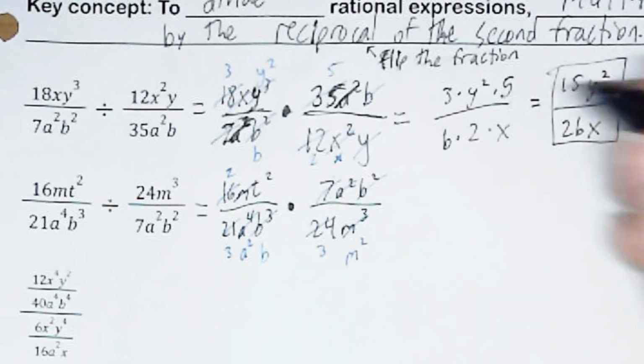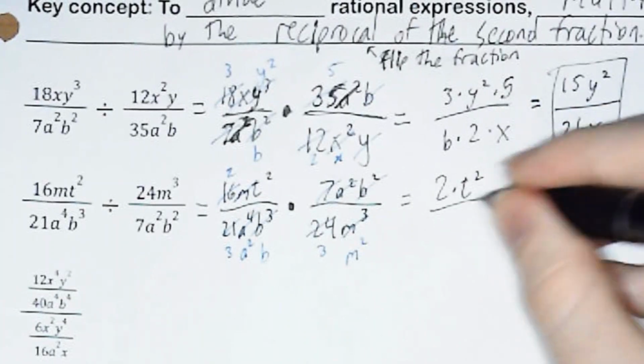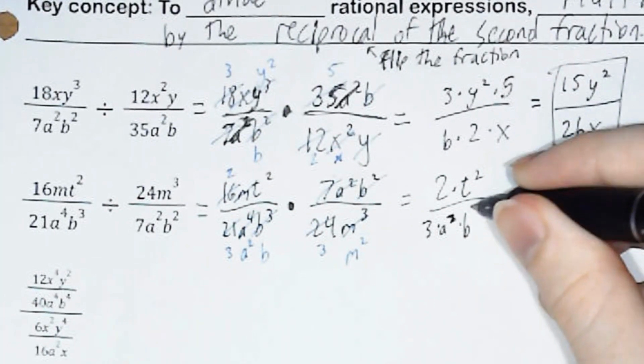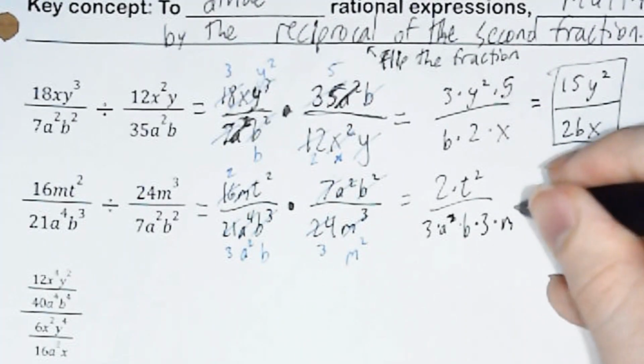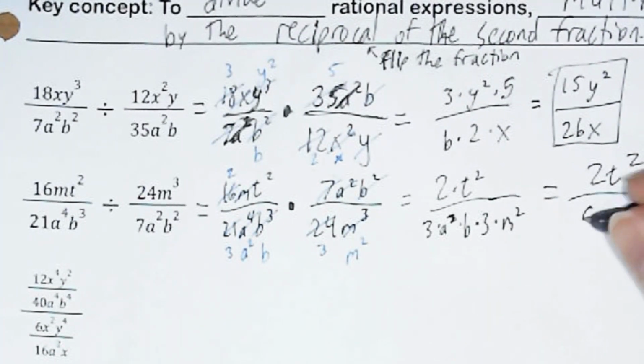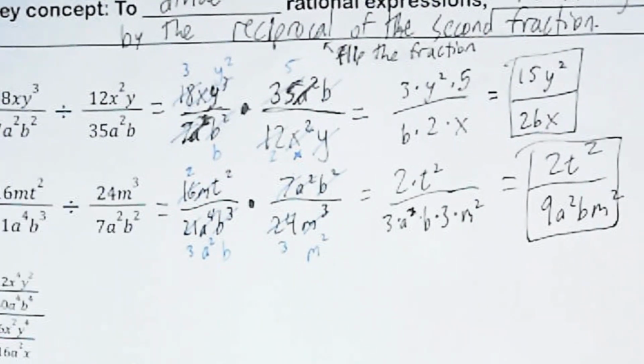And t squared stays. So we are now left with 2 times t squared over 3 times a squared times b times 3 times m squared, which gives us 2t squared over 9a squared b m squared, which is in fact correct.